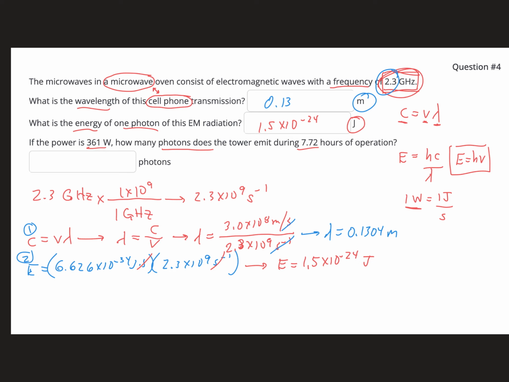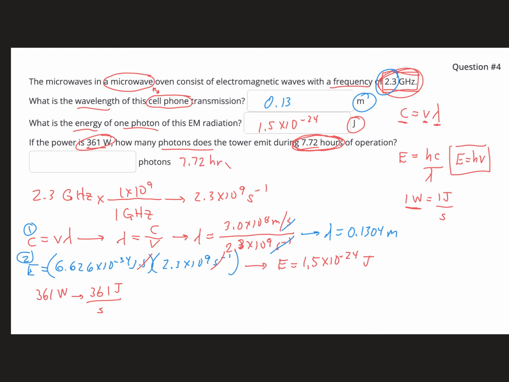Now for the last question, we've got 361 watts, and we're going to run that for 7.72 hours. We know 361 watts is 361 joules per second. That's the total energy that we need per second, and we're going to run this for 7.72 hours. So we need time in seconds so that those units align.